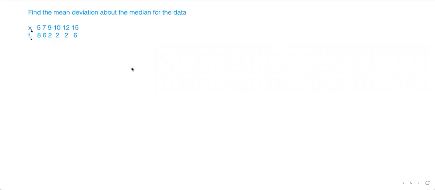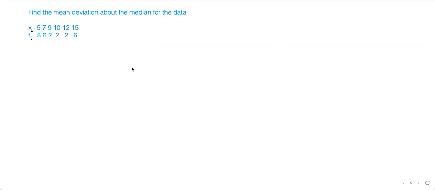So let us find the mean deviation about the median for the given data: 5, 7, 9, 10, 12, and 15, with corresponding frequencies 8, 6, 2, 2, 2, and 6. The given observations are already in ascending order.